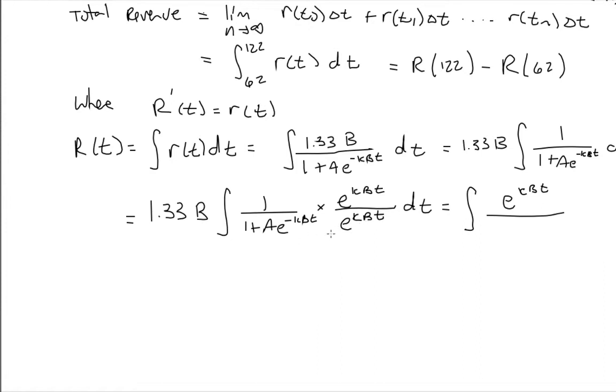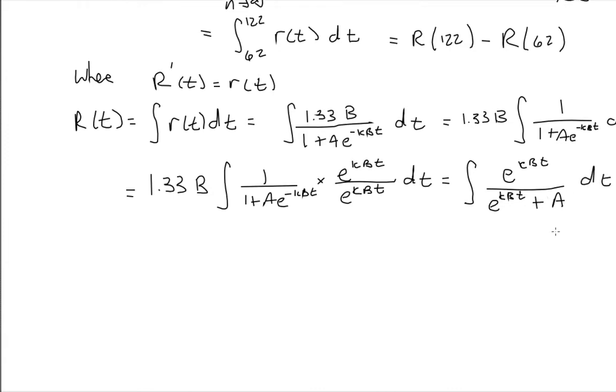And then down here, this e to the kbt will multiply this 1, so this becomes e to the kbt, plus, now look what happens here. This becomes a times e to the negative kbt times e to the positive kbt, and the negative version and the positive version cancel out and just end up being 1, so at the end of the day, this just makes it plus a.